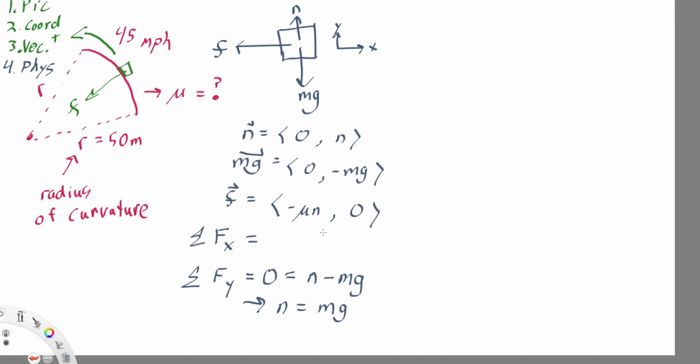The sum of forces in the x direction has got to be our required centripetal force, because if the sum of forces is not mv squared over r, then we are not traveling on a circle. Also, since it's to the left, we need a negative sign there.